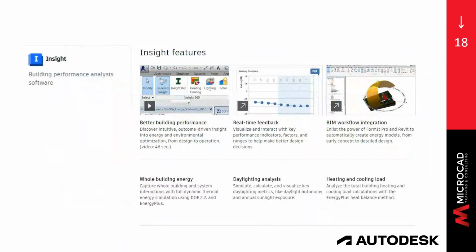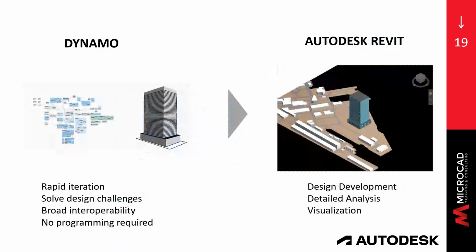So here you see a couple of the features that you have. In Insight, you have heating and cooling loads, you have daylight analysis, you have whole building energy delivered to you through real-time feedback, and the integration between Revit and Insight is smooth, seamless. It is built on top of Revit.